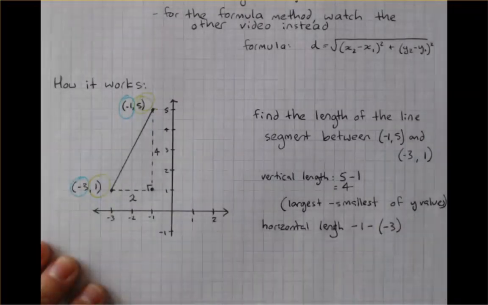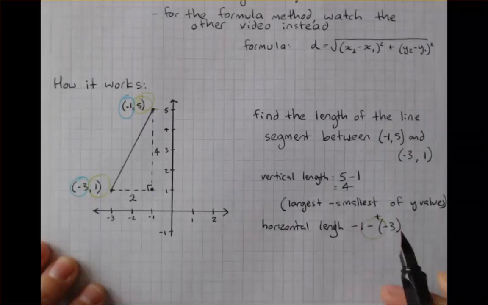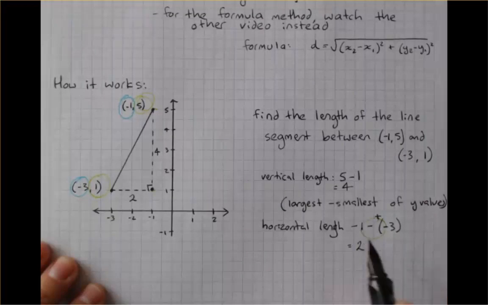Tricky. Remember from year 8, negative minus negative is positive. So negative 1 plus 3 is 2, and that is the horizontal length.